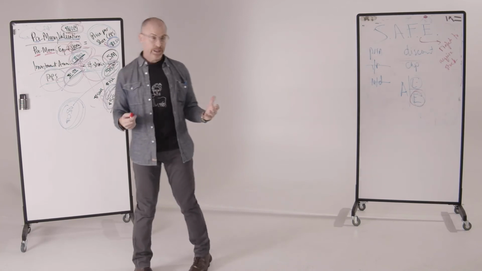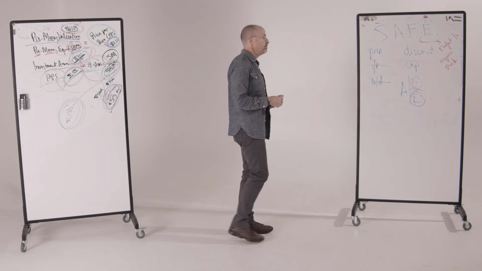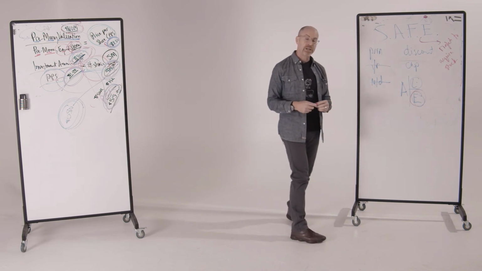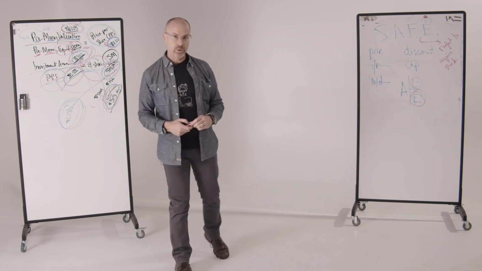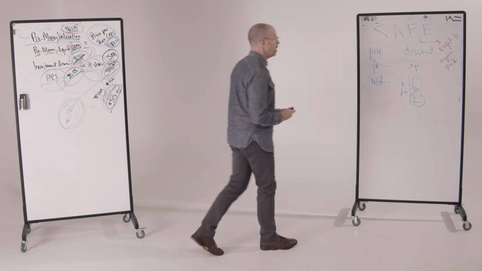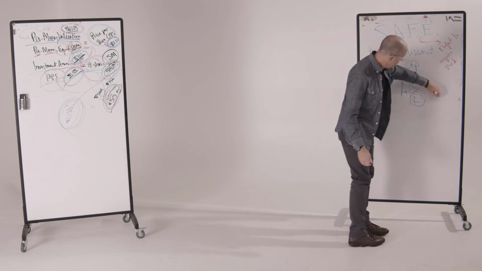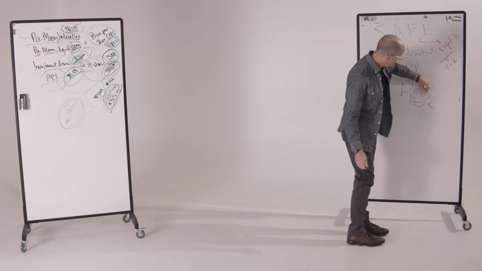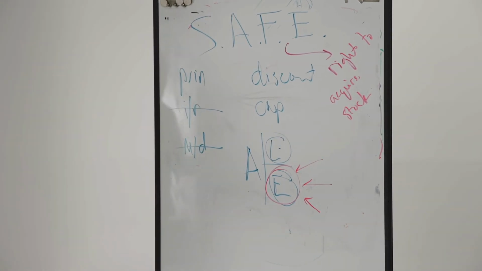There are other instruments that you may have heard of that are also a right to acquire stock. A stock option is a right to acquire stock. A warrant is a right to acquire stock. Stock options and warrants live in the equity quadrant of the balance sheet. That's where you'd book them, that's where they're situated.